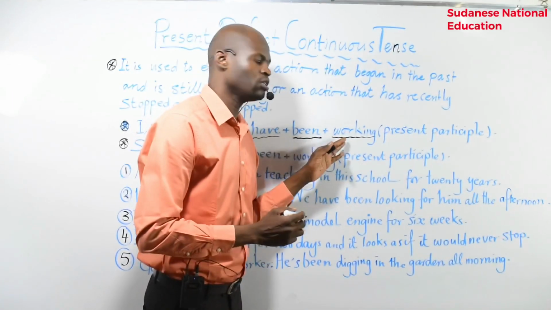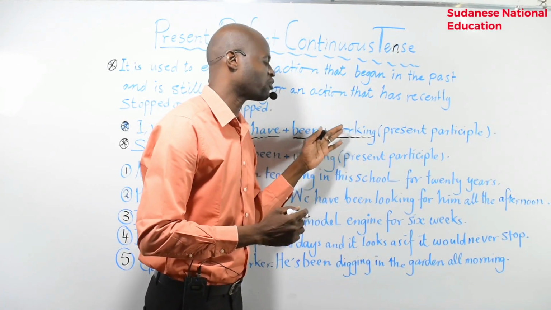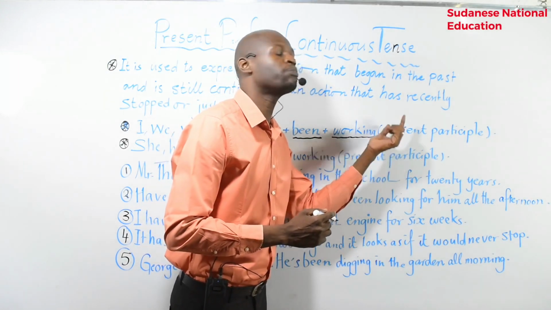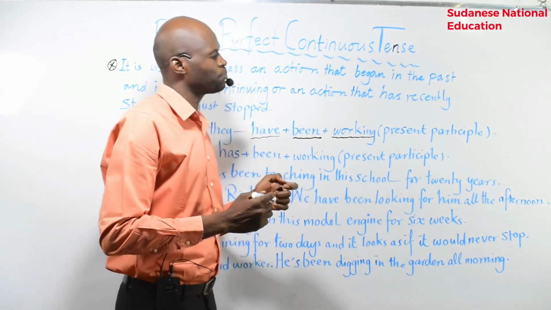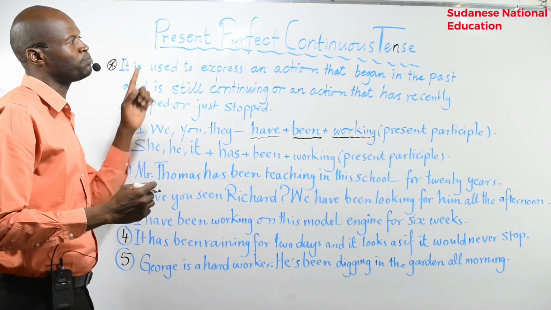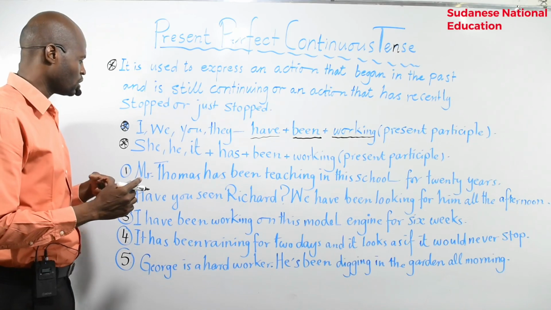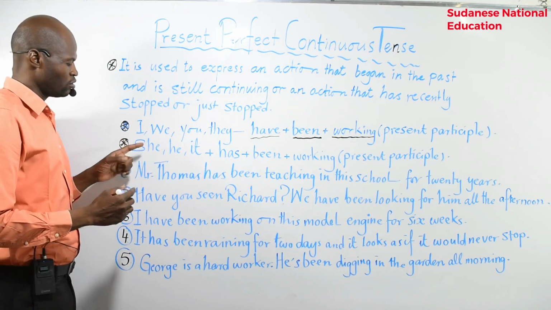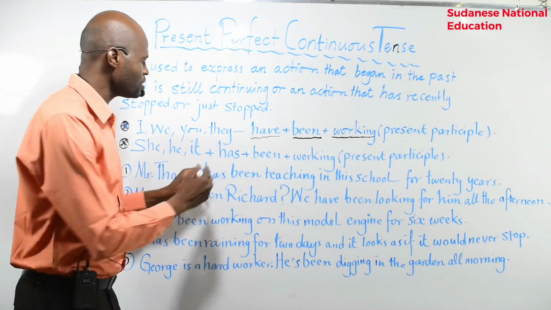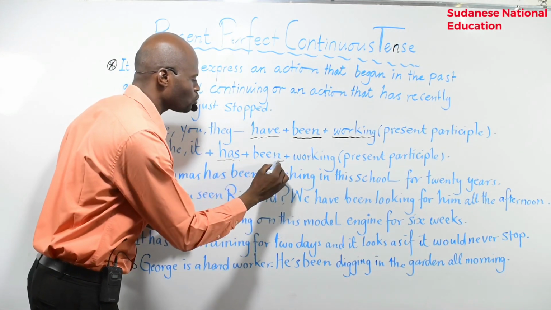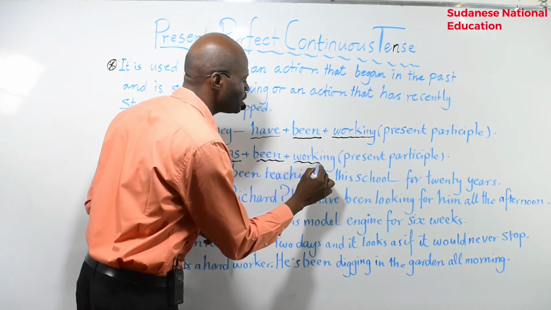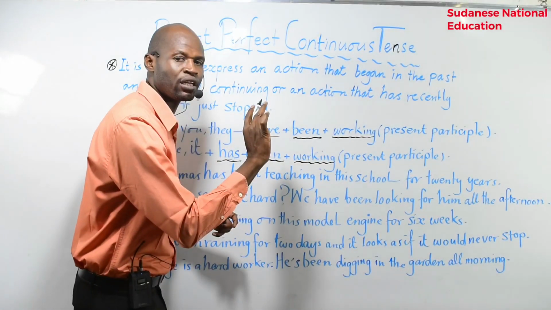Present participle is a form of a verb that we use in present perfect continuous. With the pronouns she, he, and it, we use has, and then we use been plus the present participle of any verb.